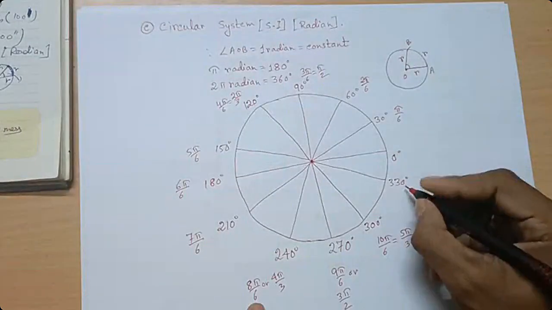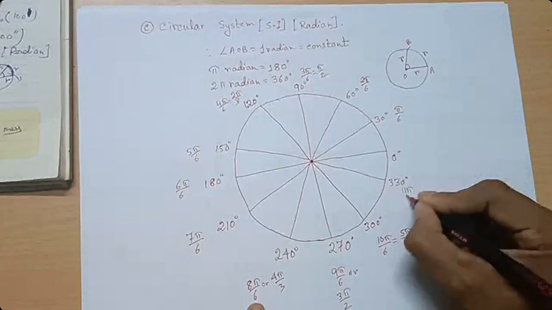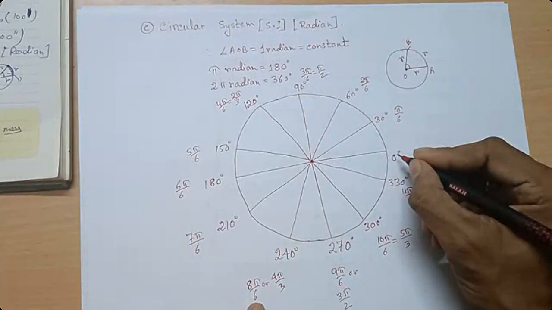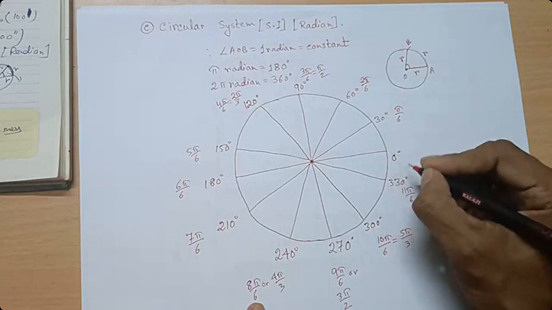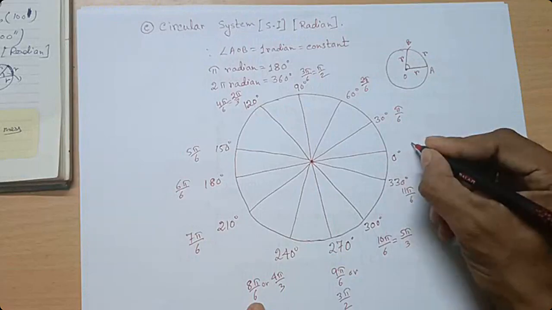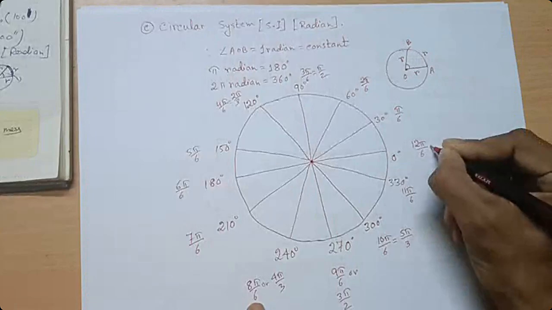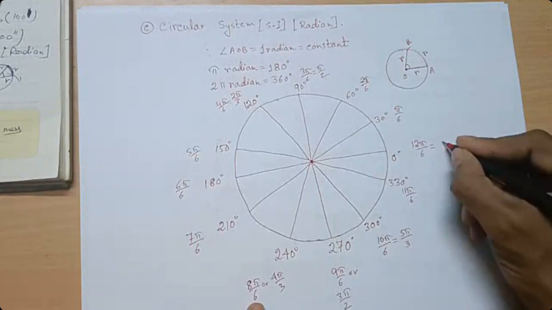And 330 degrees is 11 pi by 6. And 360 degrees is 12 pi by 6, which is equal to 2 pi.